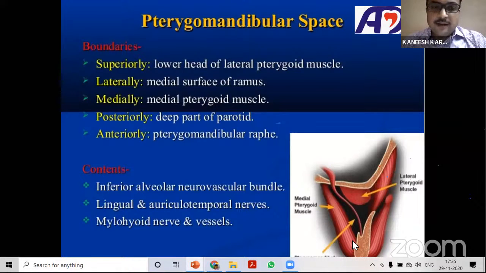The contents are the inferior alveolar neurovascular bundle, lingual and auriculotemporal nerves, mylohyoid nerve, and vessels. So it is the space between the ramus and the medial pterygoid muscle. Superiorly, it is lateral pterygoid, posteriorly parotid, and anteriorly pterygomandibular raphe.